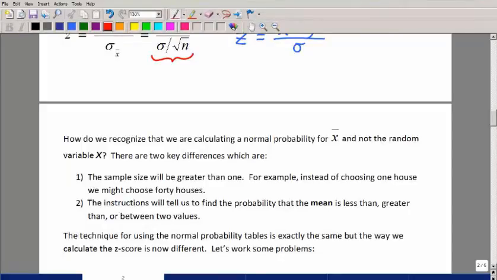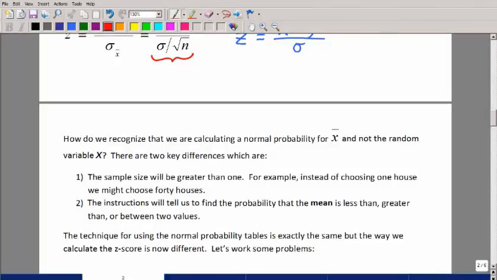In other problems, instead of choosing one SAT score, we'll choose a group of SAT scores. Or instead of choosing a monthly electric bill, we would choose a group of monthly electric bills, and the probability we want to figure out is based on the average of that sample.